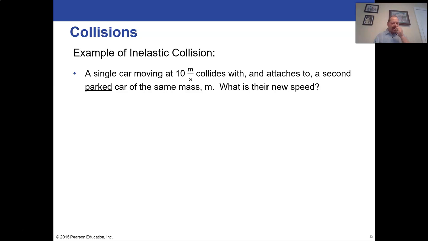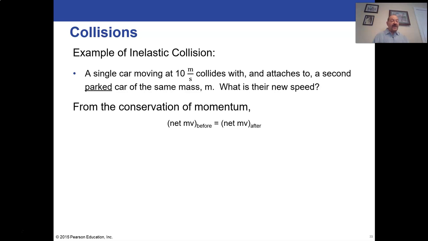So here's an example of an inelastic collision. A single car moving at 10 meters per second, I think that's about 28 miles an hour, somewhere in that ballpark, collides with and attaches to a second parked car, so it had zero velocity, meaning zero momentum, of the same mass. What is their new speed? Well, we know that the sum of all the momenta before is equal to the sum of all the momenta after.